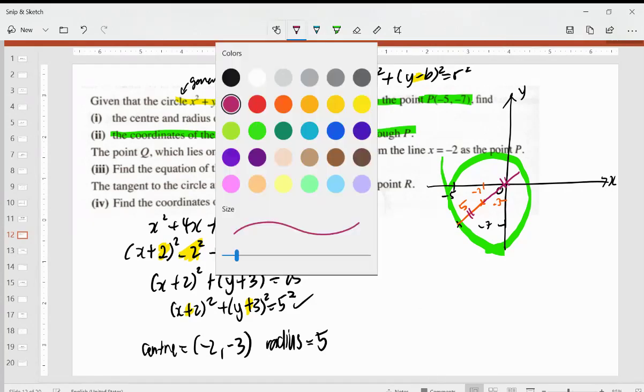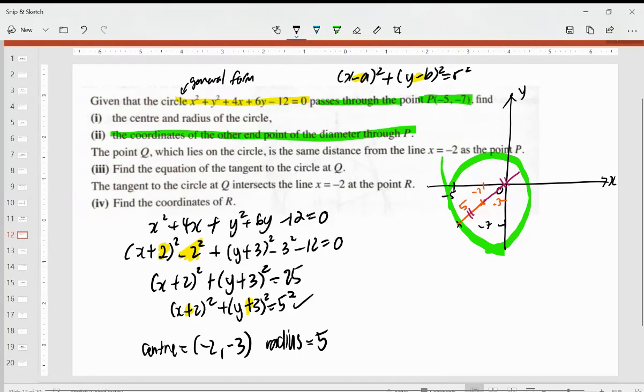Now, when they are equivalent, you can actually make use of the midpoint. We know that this point that we do not know forms a diameter with P, so our diameter definitely passes through the center.